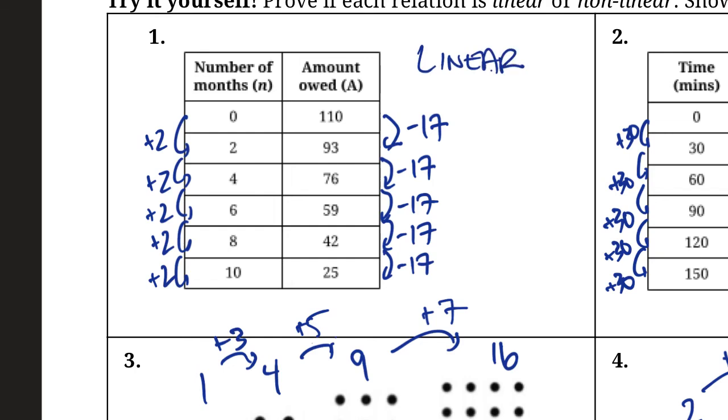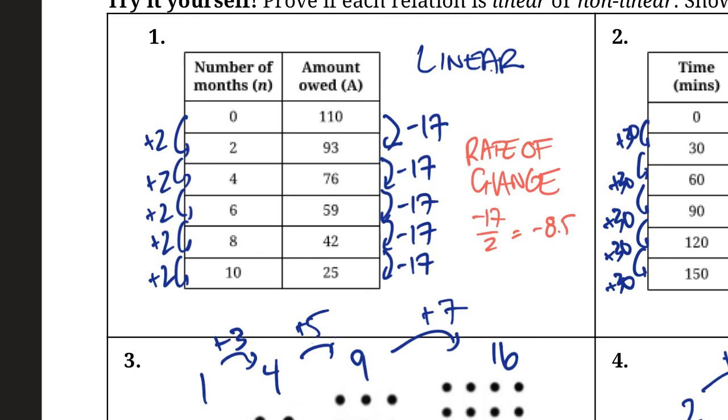And one last thing you can do with this is you can actually find the rate of change. Remember how to find the rate of change? It's just the change here divided by the change here, right? So the rate of change we can calculate when it's a linear relation. So the rate of change would just be negative 17 divided by 2, which would be negative 8.5.